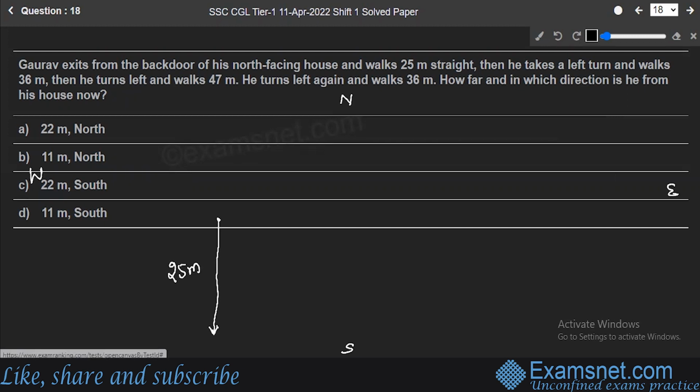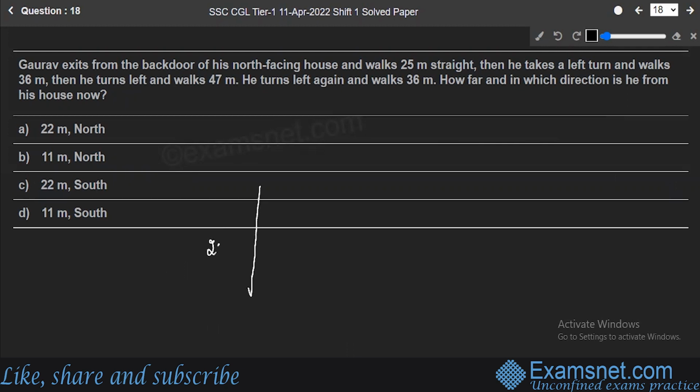This is important thing, in which direction he's moving, in the south direction. Okay, I'll redraw. He is moving in south direction. He moved 25 meters. So here is the south direction, right? Then he takes a left turn. So if he's standing over here, if he's turning left, then he'll be moving in this direction. And how much he walked? He walked 36 meters.